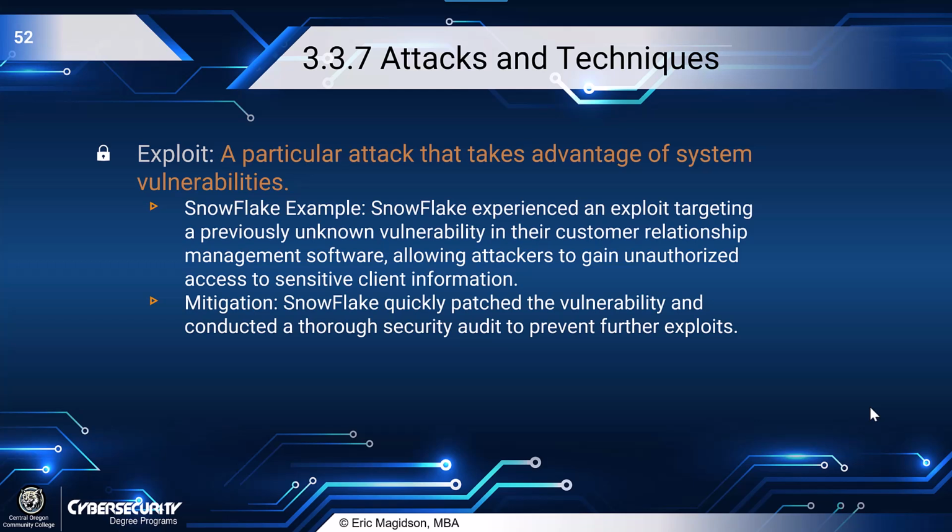It allowed attackers to gain unauthorized access to sensitive client information. So maybe through the system, they were able to exploit a vulnerability that gave them access to the database associated with the front-end CRM. Boom, they start pulling that data through command and control. They start offloading that data from the network, putting it on the dark web, doing something with it. Maybe in a lot of cases just saying, look, we have your data and we're going to release it if you don't, whatever, right?